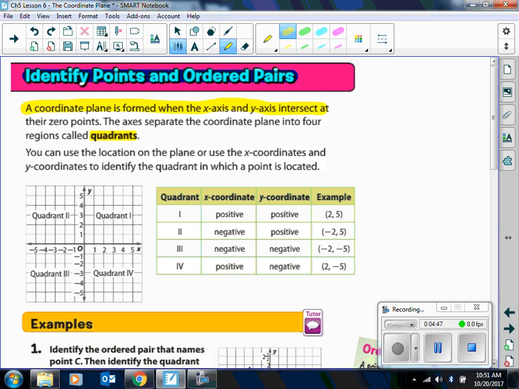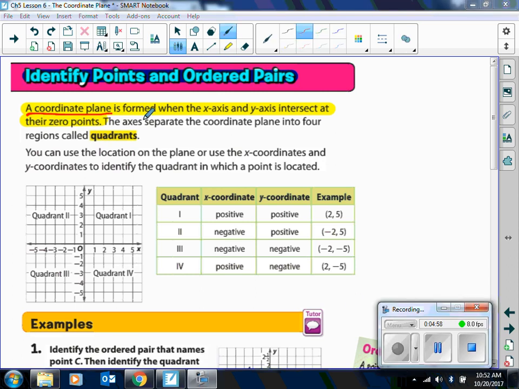That is what a coordinate plane is. The axes is plural for axis, the axes separate the coordinate plane into 4 regions. So the 4 regions are called the quadrants.